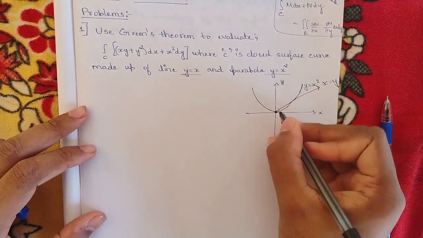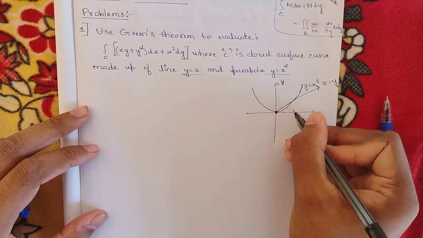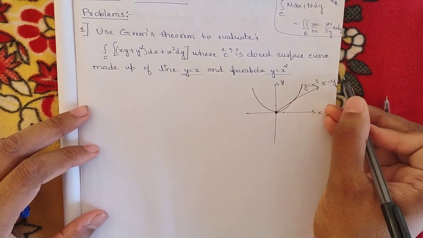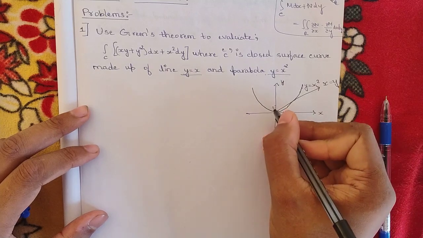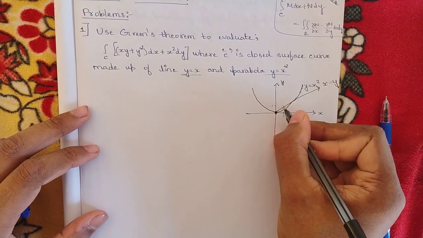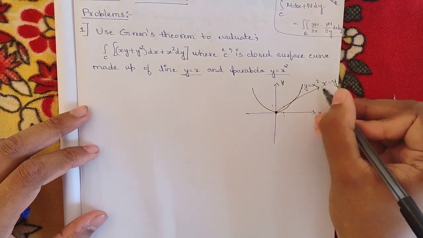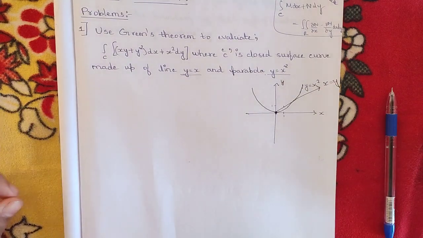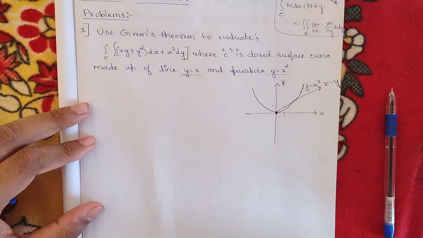That is 0 0, here 1 1, 2 2, 3 3, 4 4, and so on. The values of x and y are equal. If x is 1 here, y also should be 1, so this would be intersecting here. If x is 2, y is also 2, it would be intersecting here, and we would be forming one slope. So this is the line of x equal to y. They have given the two conditions, y equal to x and y equal to x square, and for that we have drawn the lines.